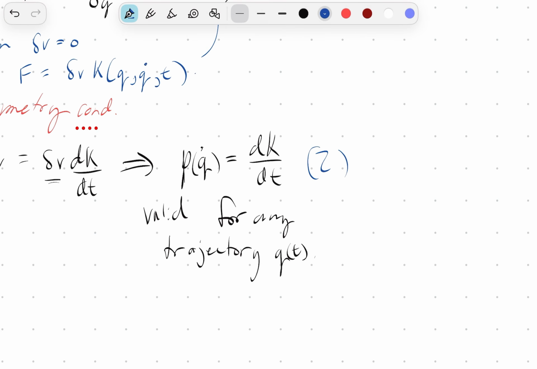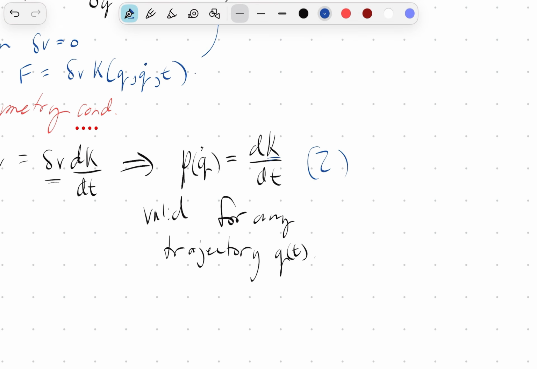for it to hold for an arbitrary path, this K cannot contain q double dot. Otherwise, this would introduce something that cannot be controlled or canceled by a function of q dot alone, and that's called an off-shell identity.